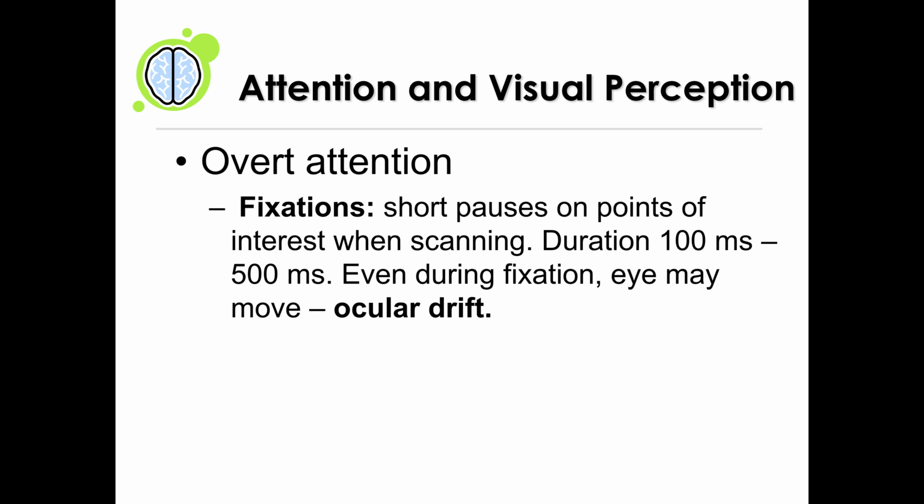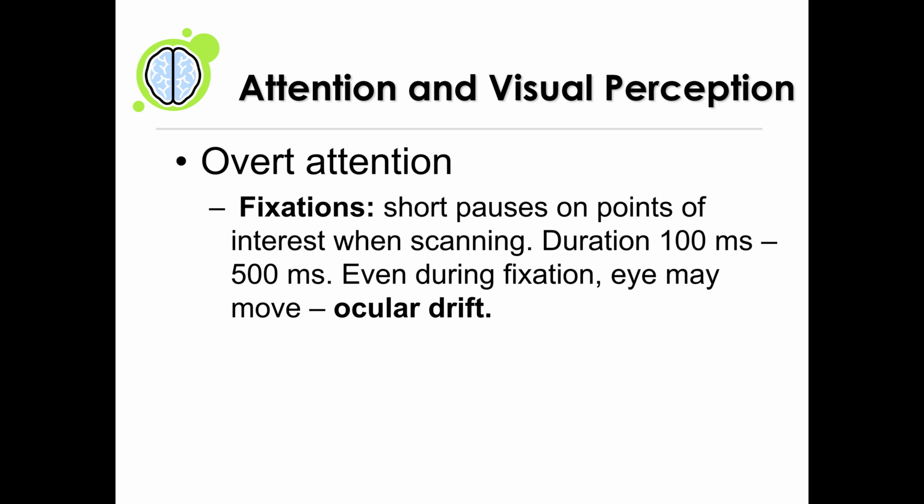Now, the interesting thing is, even when you are fixated on a particular letter or a particular person's nose or something like that, your eye is actually going to move a little bit as well. You might fixate a little bit over to the right or to the left, but in general, even if you're keeping your eye extremely still, the eye is still likely going to move a little bit. This is called ocular drift.